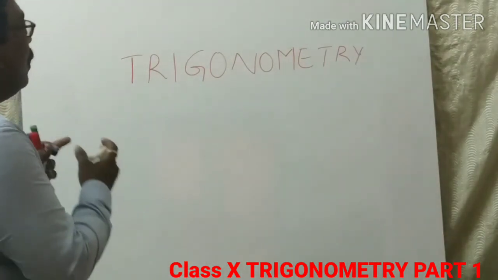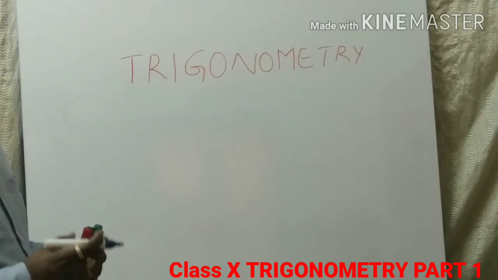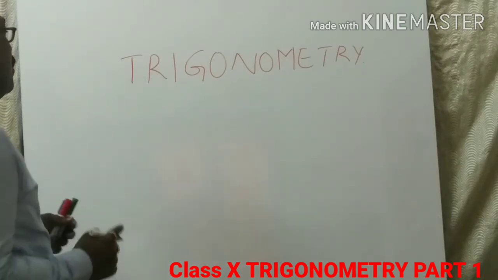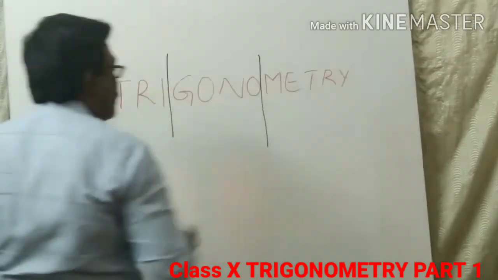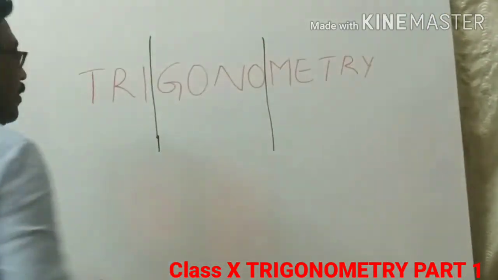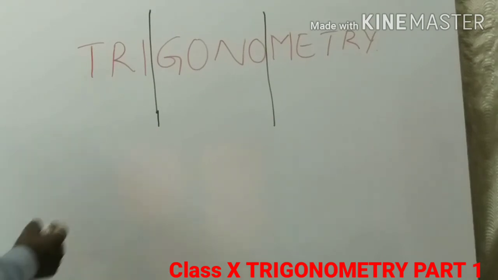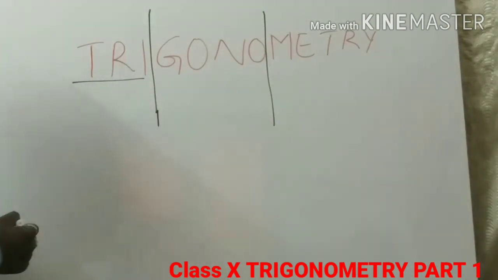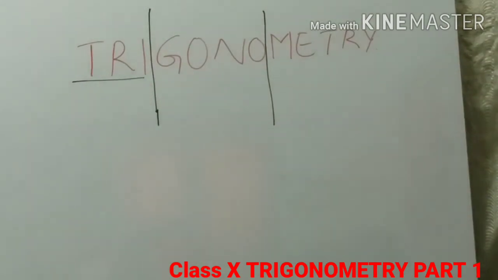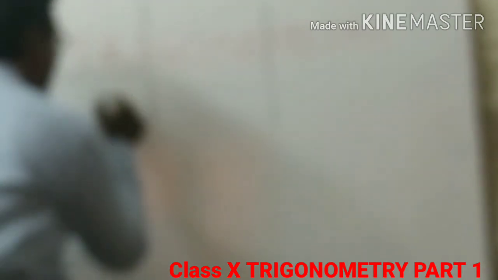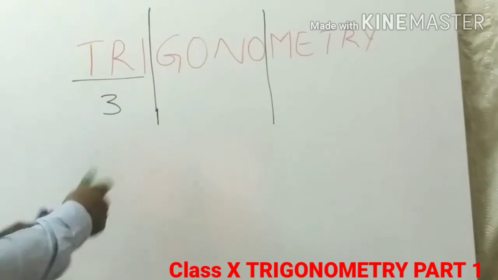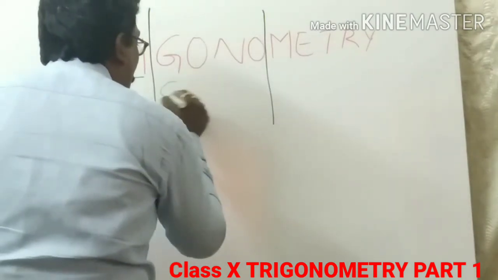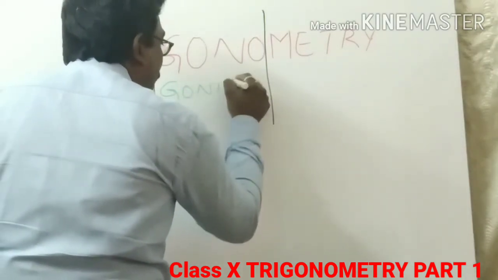So, the word trigonometry is a Greek word. If you divide it into three parts, the first one is TRI, try. It is nothing but 3. And the next one is gono, gonia.